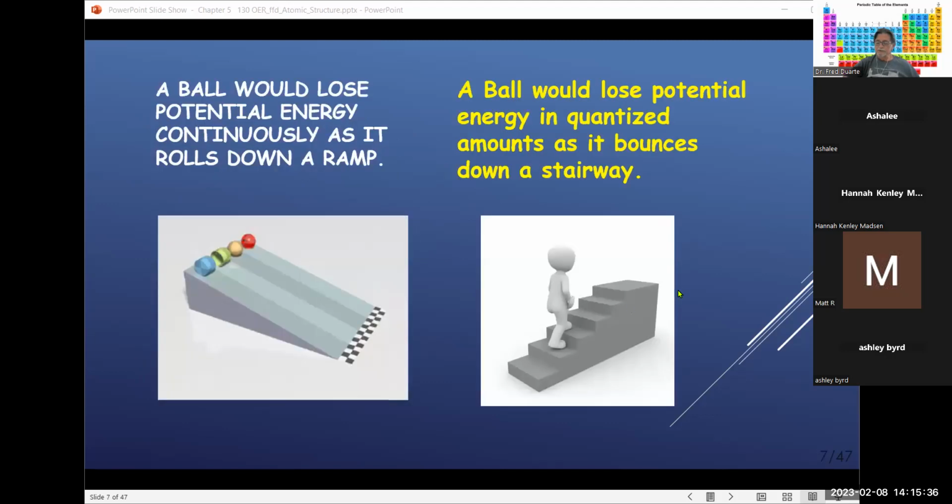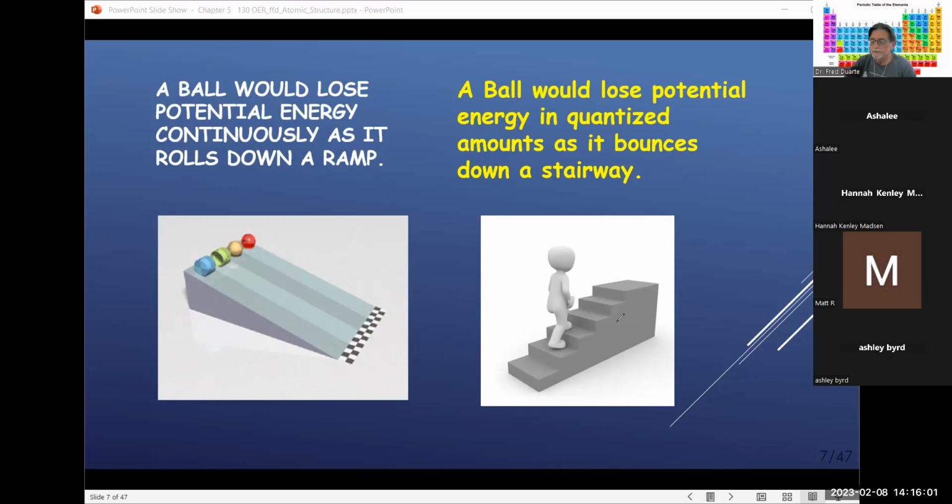One way to look at it is this diagram here, where on the far left you see a wedge and the ball's rolling down the wedge. That would represent a continuous amount of energy, all in one shot, as compared to the image on the right, which is represented by stair steps. The stair step represents a specific quantity of energy from the ground to the next step.